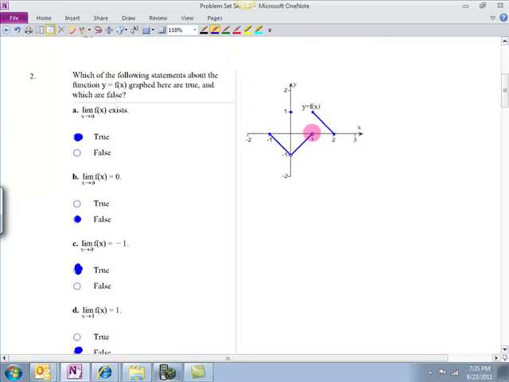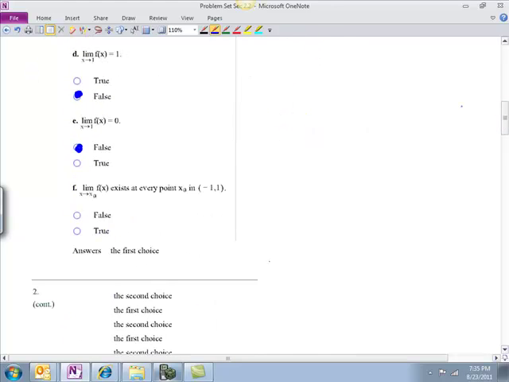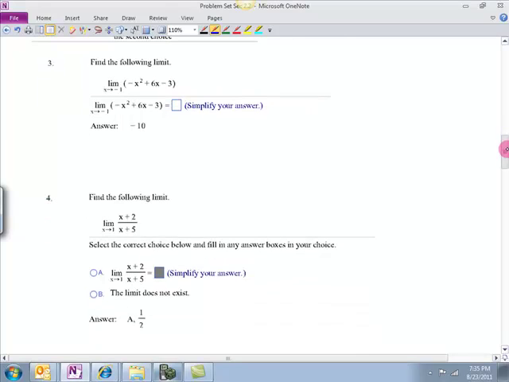So between -1 and 1, does the limit exist everywhere? Yeah. Because everywhere on here, now the function's not defined everywhere, but the limit exists everywhere in that interval. Is that okay? Confusing, but okay. All right, so we're moving on down here.